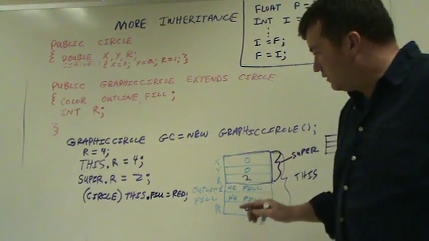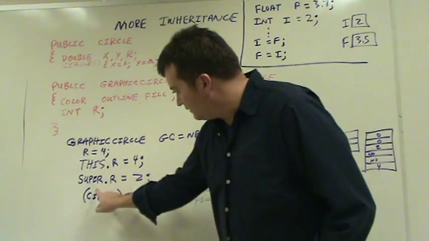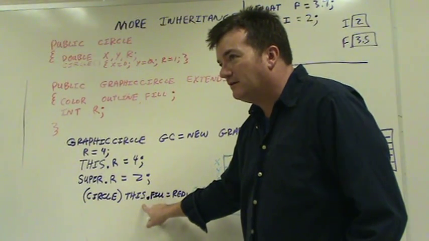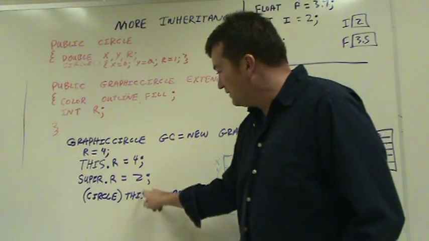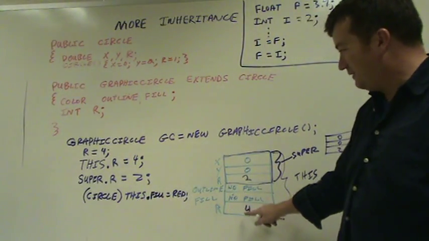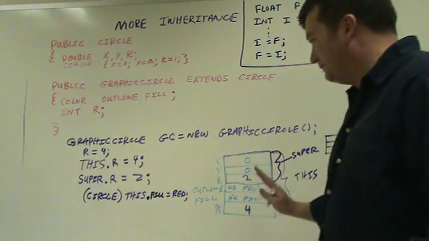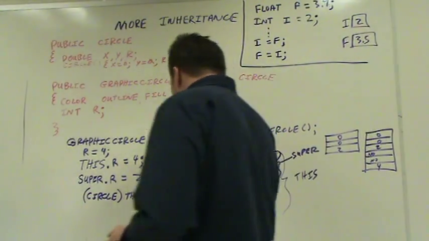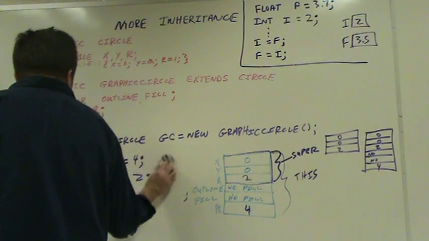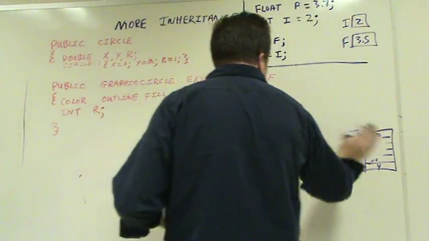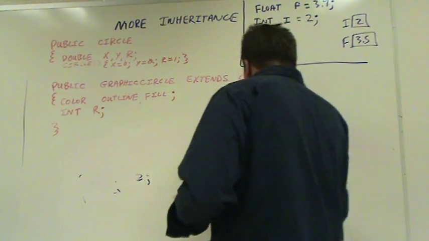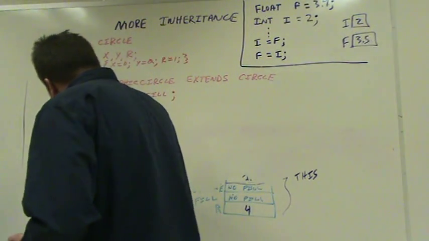That wouldn't work because this is of type circle now, and circles don't have a fill. Even though this pointer was pointing at something that had a fill, we converted its type to circle, and now it doesn't have a fill.